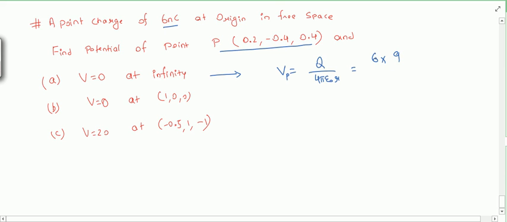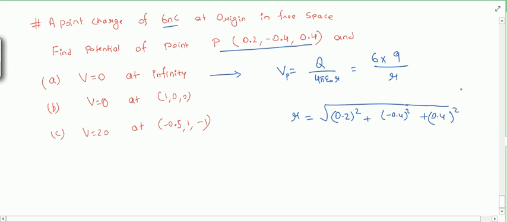So here 6 into 10 to the power minus 9, and here 9 into 10 to the power 9, 10 to the power minus 9 and 10 to the power 9 will get cancelled. So only thing remaining is R. What will be the R? R can be simply calculated as the distance from the origin to this point. So it will be 0.2 minus 0 square plus minus 0.4 minus 0 square plus 0.4 minus 0 square. So you can simply solve this.